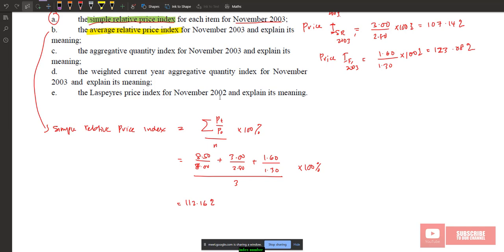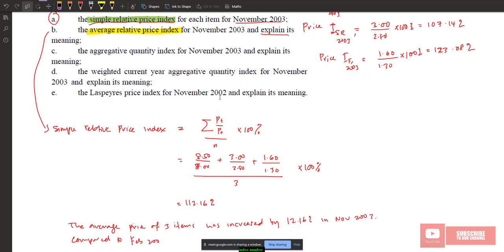112.16%. So how to explain the meaning of 112? So the average price of 3 items has increased by 12.16% in November 2003 compared to February 2002.